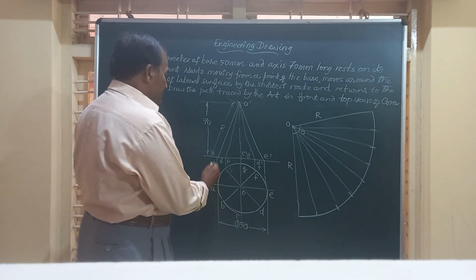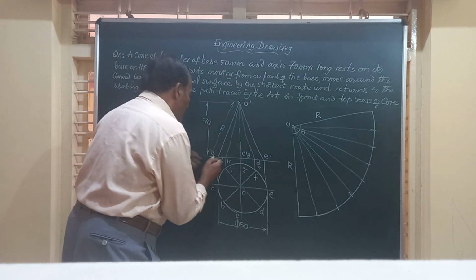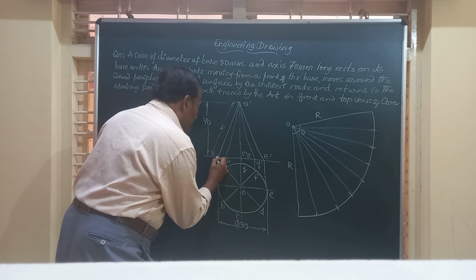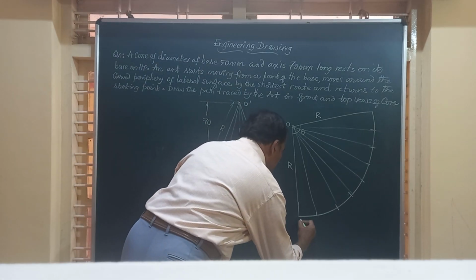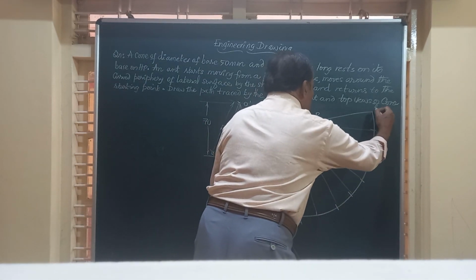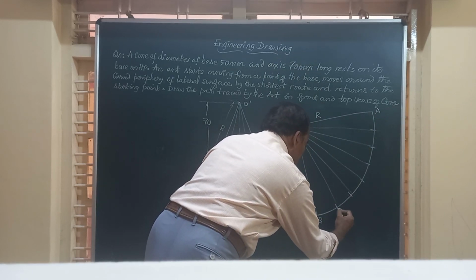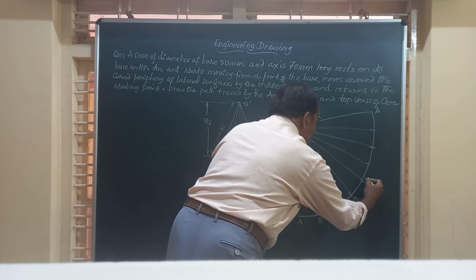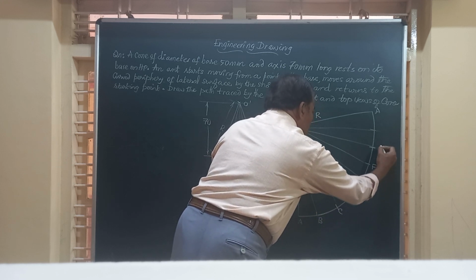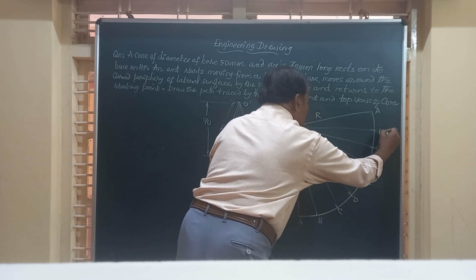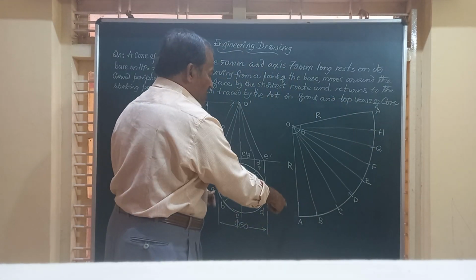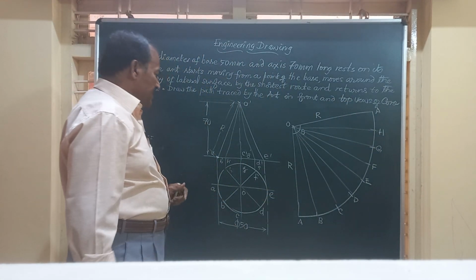Friends, let us say the ant is going to start moving from the point A. I will say this as point A. The last one is also point A. And then you mark B, C, D, E, F, G, and H. The ending and the starting point should have the same marking.